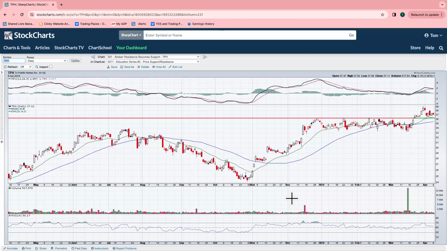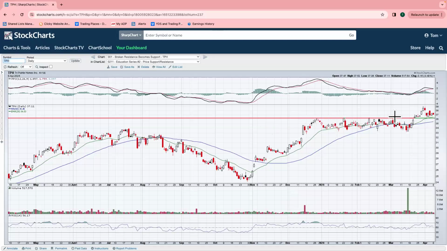When I do these annotations on the strong earnings chart list, I probably spend no more than 10 seconds putting the support level in, or maybe the two support levels in, because a lot of times I do two different support levels. It's just from experience, but I'm quickly identifying what I see as major support.